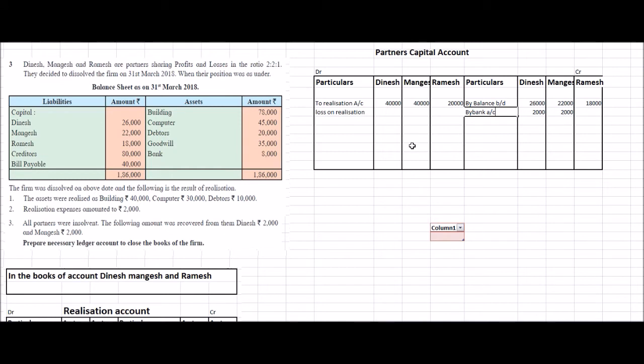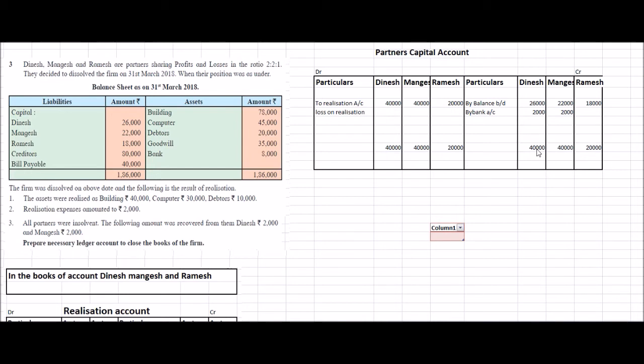So after this the debit balance is more, and the credit balance is less. So we'll do the total amount: 40,000 rupees for Dinesh, 40,000 rupees for Mangesh, and 20,000 rupees for Ramesh. The same amount comes on this side also, 40,000. In this total, the credit side amount is less and the debit side amount is more.